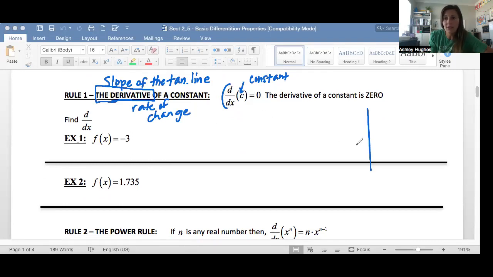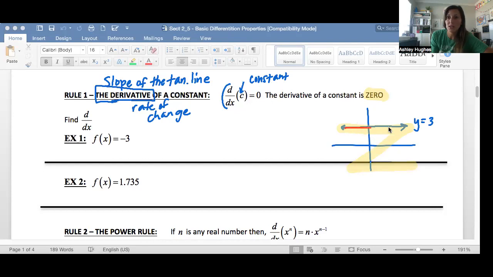Now a constant, if you think about any constant line, it looks like this. Like if this is y equals 3 or something. This is a constant. And what is the slope of this line? The slope of that line, rise over run, is 0. A way to remember that is a horizontal line makes a zero, a 0 slope.